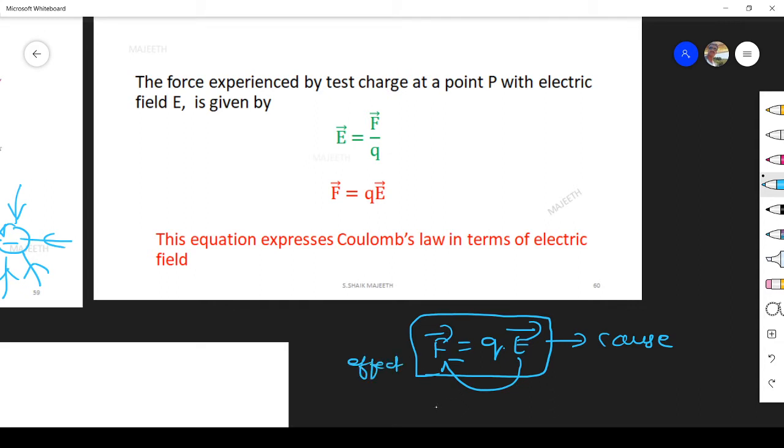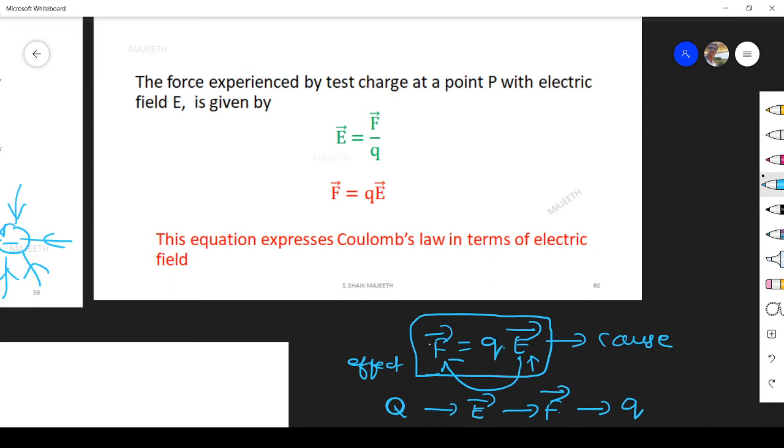So what is this equation telling? Electric field causes force. That's what I told in the last session, right? Every charge creates a field, the field creates a force, and that force will be felt by the charge. You remember this? So hereafter, whenever you see any equation, just remember the right side is the cause, the left-hand side is the effect.